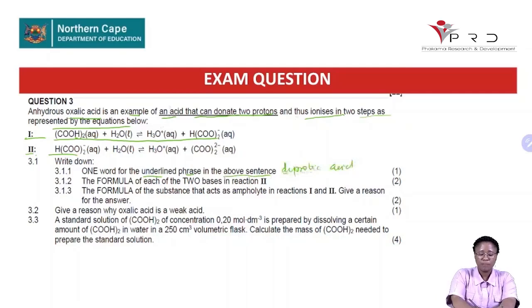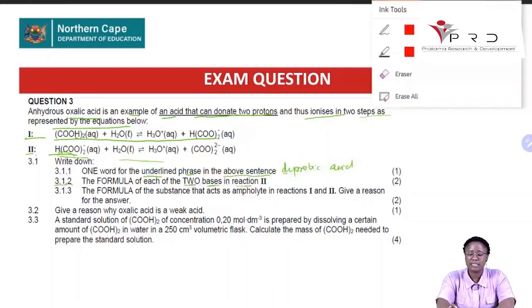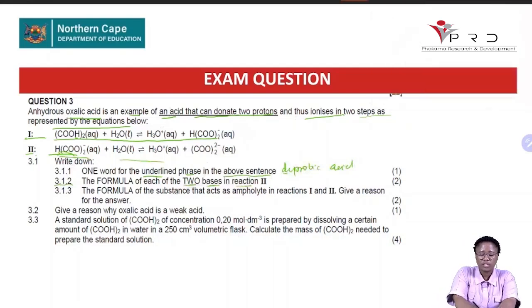Well done, guys. 3.1.2 says to us, write the formula for each of the two bases in reaction 2. So our focus, we zoom into reaction 2. We want to know which ones are the bases in reaction 2. Let's quickly check.